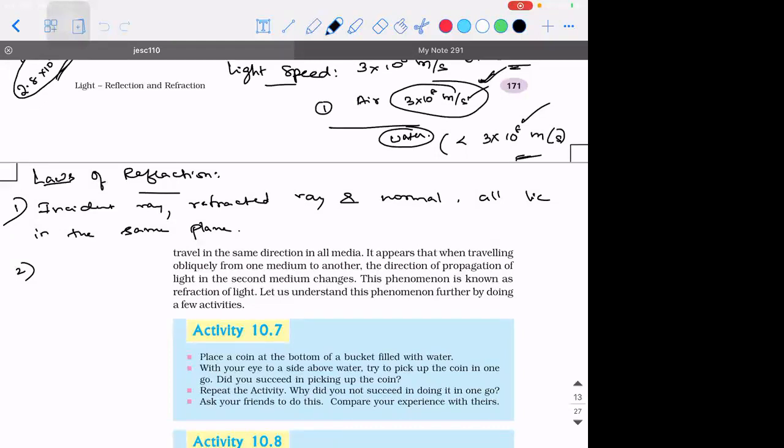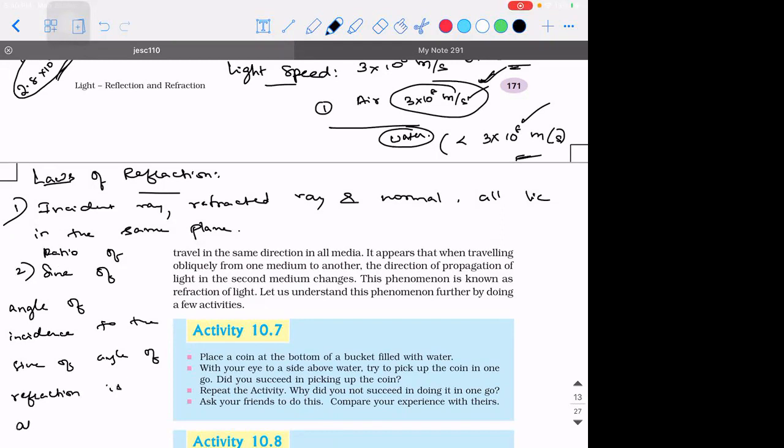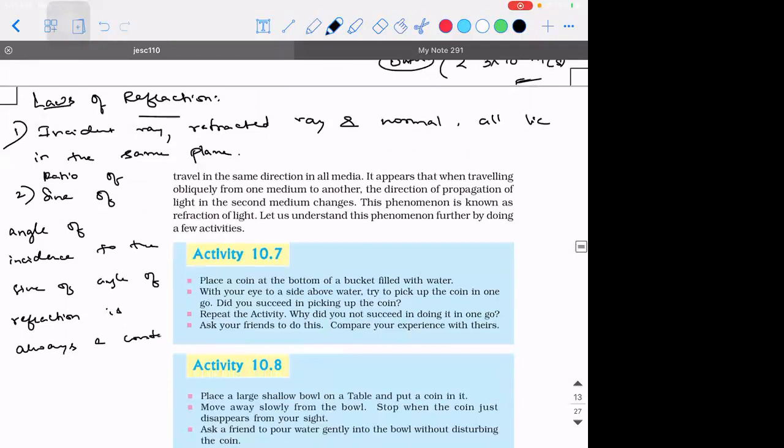Next is the sine of what? The ratio of sine of angle of incidence to the sine of angle of refraction is always a constant. What is the name of that constant?